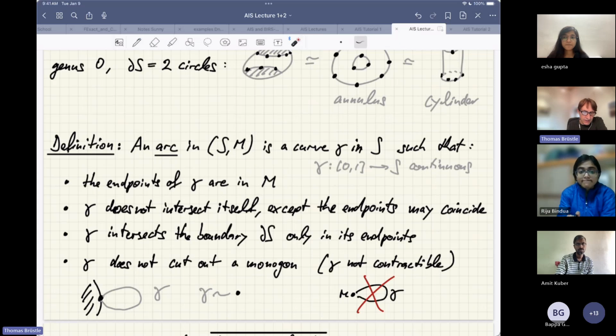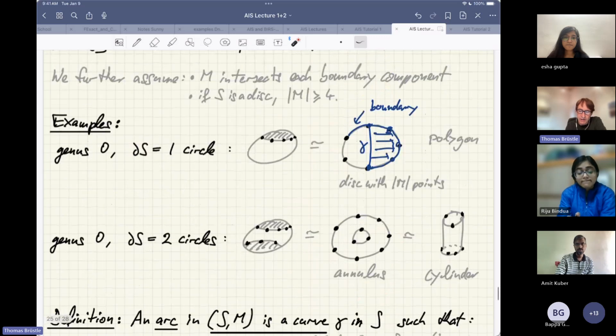The system of arcs that I consider intersect the boundary only at their endpoints. I cannot in between go through boundary points. So this one is not homotopic to this one in my setup. Therefore, this is not a boundary arc, and therefore it is an internal arc.